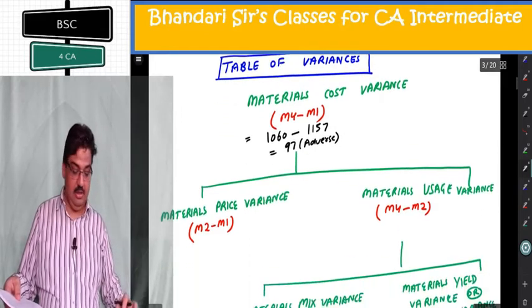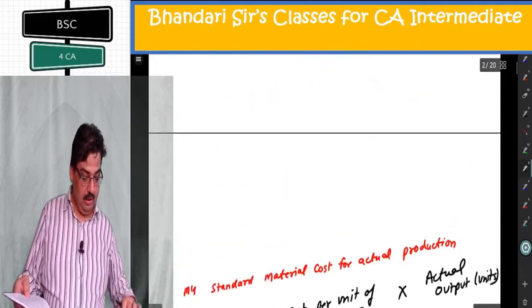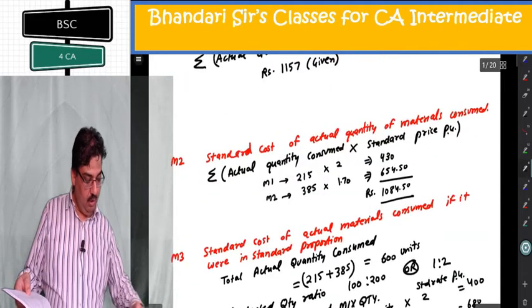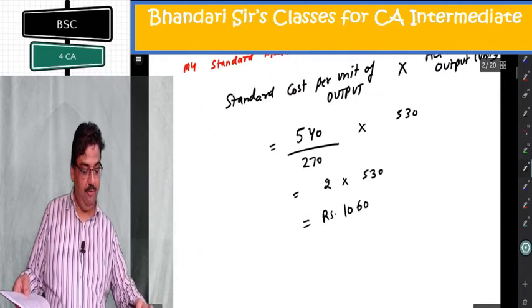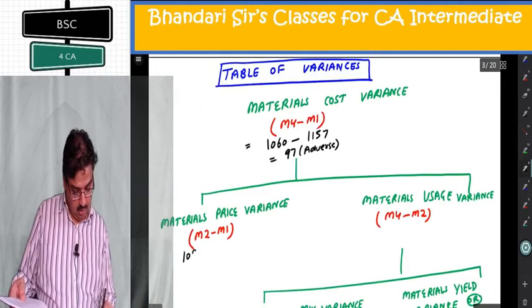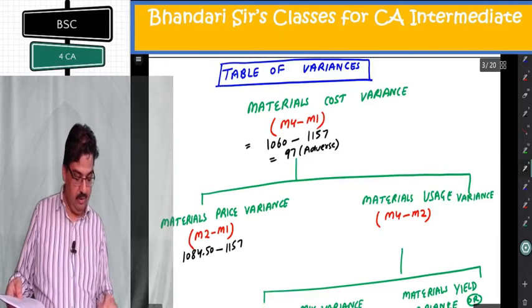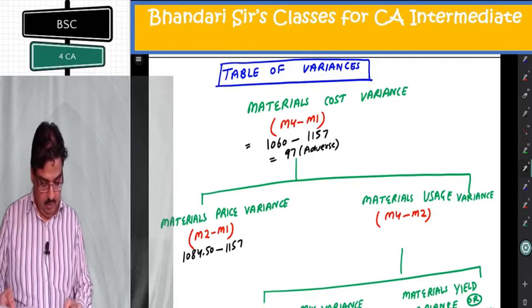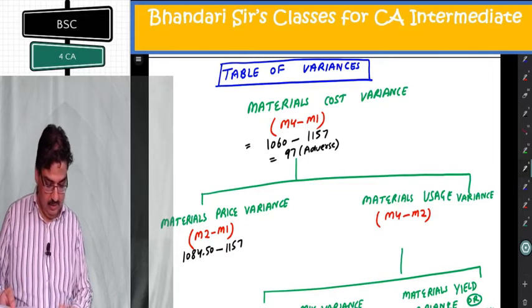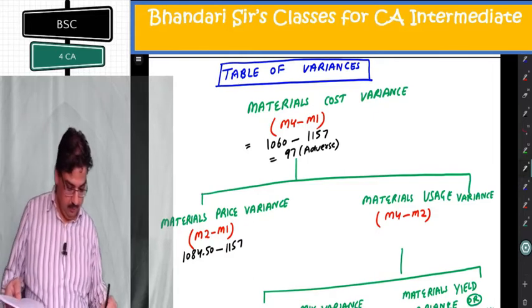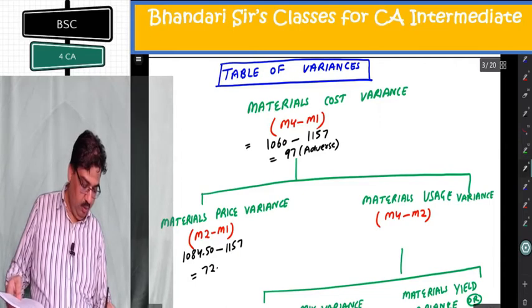Material price variance: M2 we computed earlier, 1084.5, minus 1157. 1084.5 minus 1157 is 72.5 adverse.